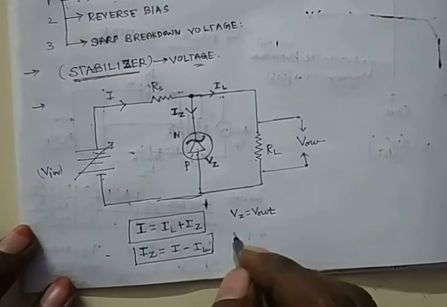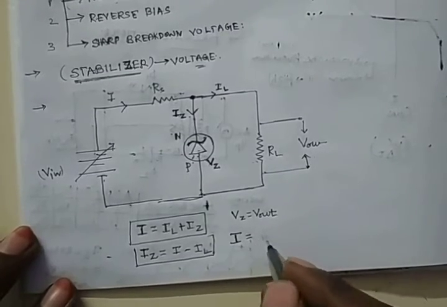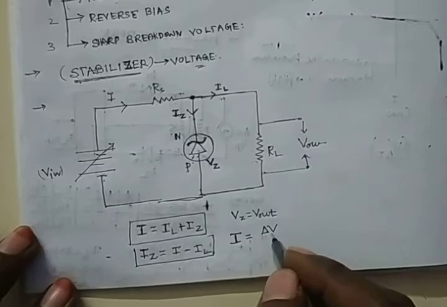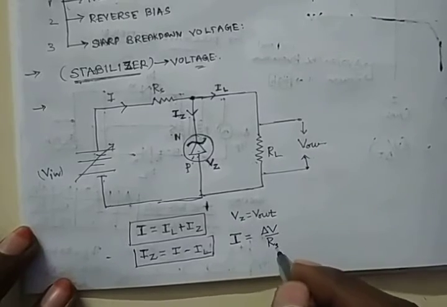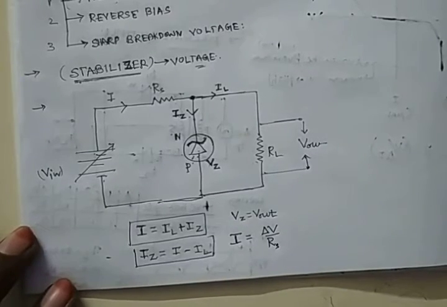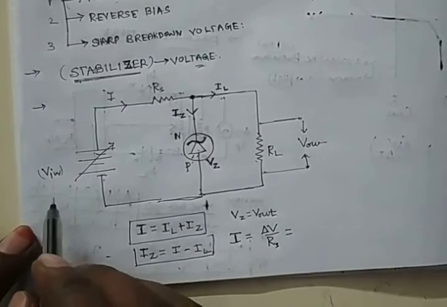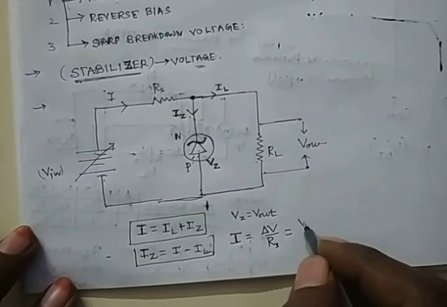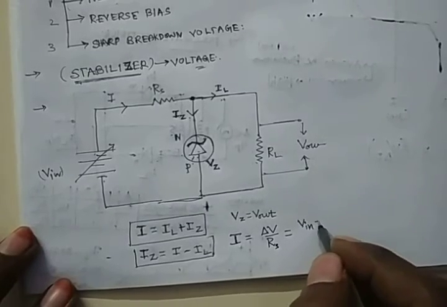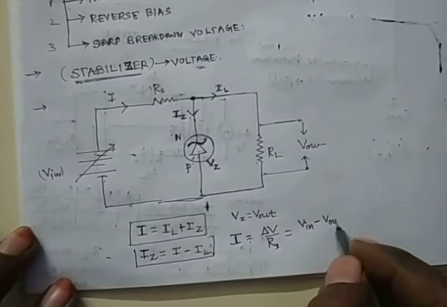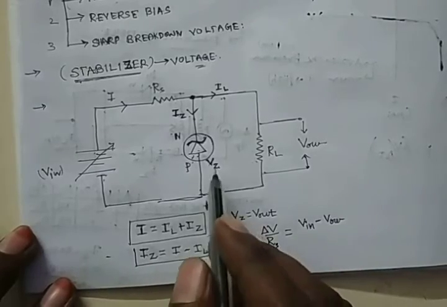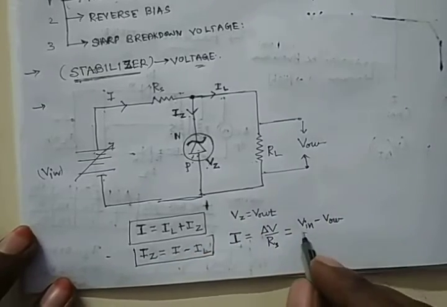Then the total current in the circuit, according to Ohm's law, is the potential difference divided by the series resistance. Now what is the potential difference? Initially I applied an input voltage, but the output voltage is drawn across the load resistance.